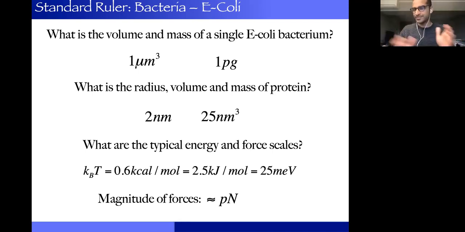But we're going to come back to this piconewton story, because this magnitude of piconewtons at the nanometer length scale makes biology very, very special. And this is what you're going to see hopefully towards the end of this lecture.